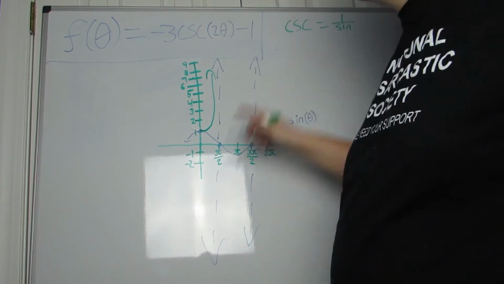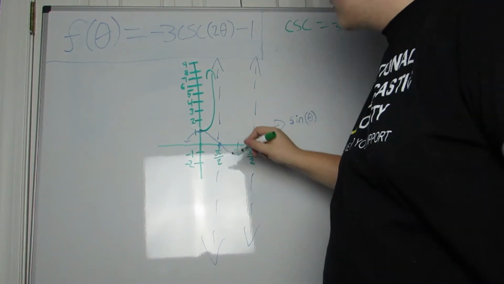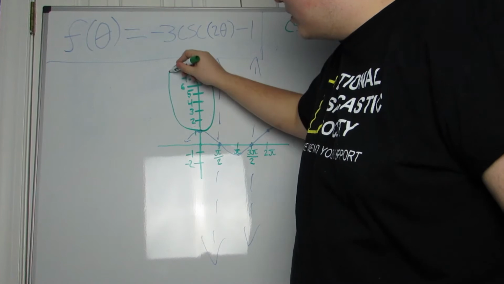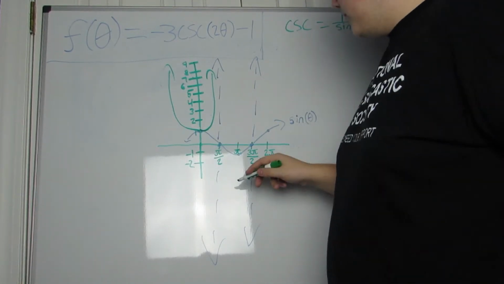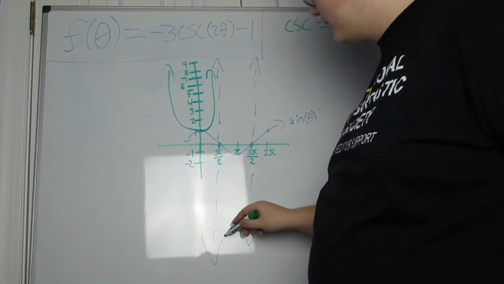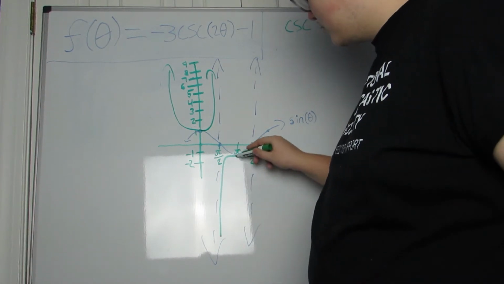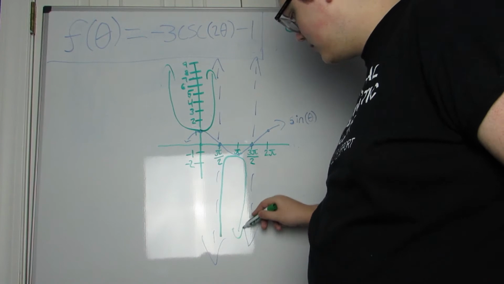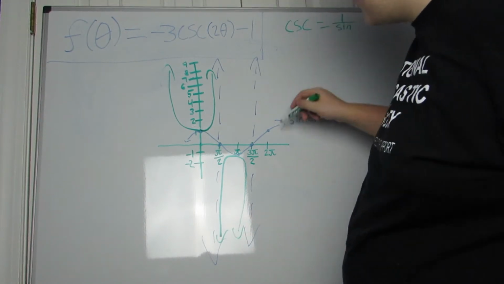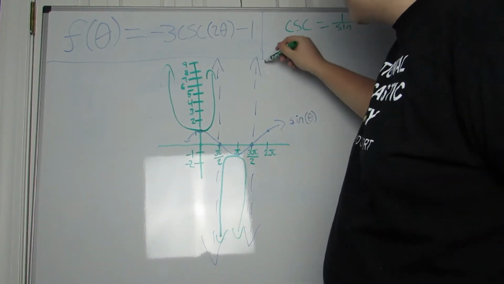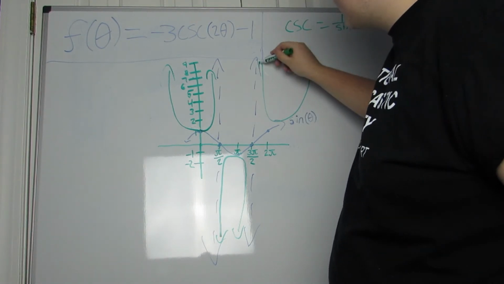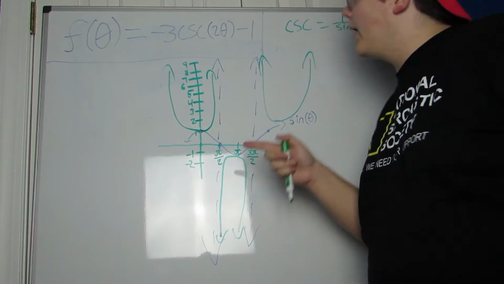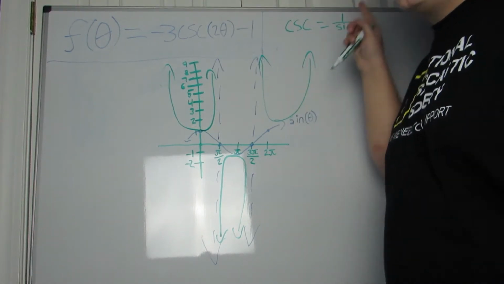This would be f of theta of cosecant, and it also would go up over here because there would be an asymptote over here, and it goes down over here. And then over here we would have it go up, and then we bring it down like this. From over here we would see it look something like this. This is what the graph of cosecant of theta looks like.